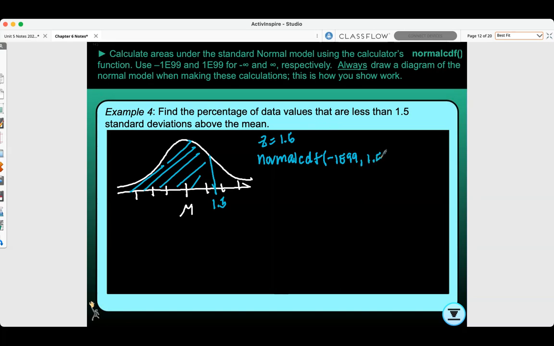To 1.5. And you can end there, but you could always put the mean and the standard deviation, which is 0 and 1. If it's asking you for that, you might want to do that because some of the calculators do that. And you should get about an area of 0.933. So your answer would be 93.3% of the data is less than 1.5 standard deviations above the mean.